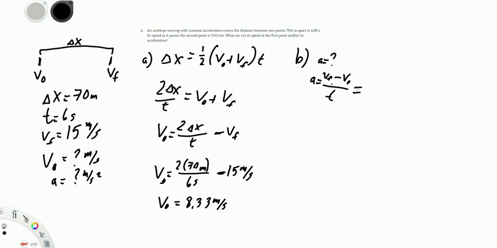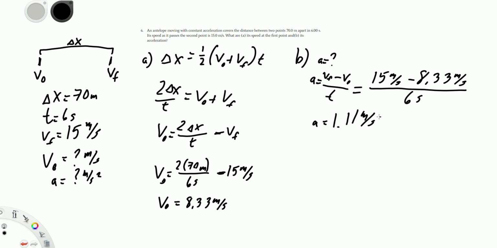Now we have both pieces of information, so we have 15 meters per second minus our 8.33 meters per second, all divided by our 6 seconds. That gives us an acceleration of 1.11 meters per second squared. Alright, so that's how you do that one.